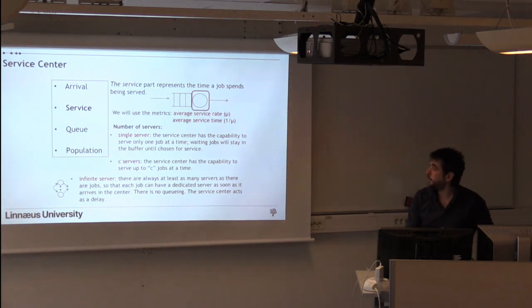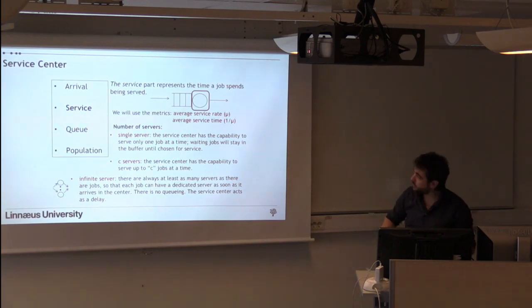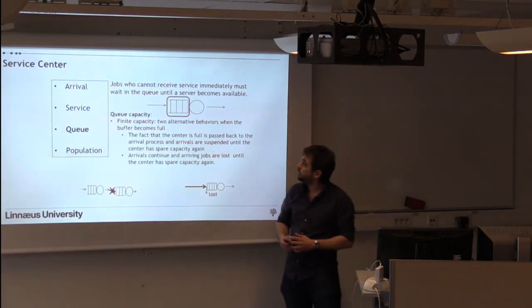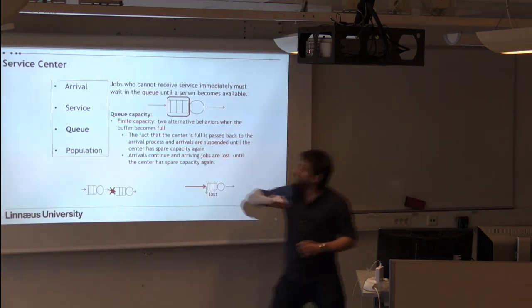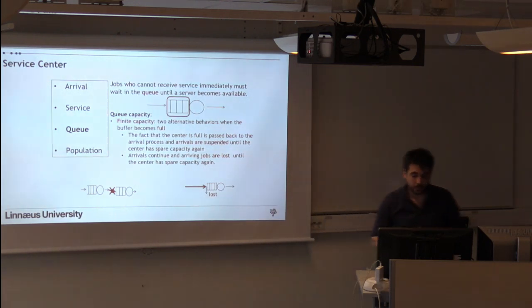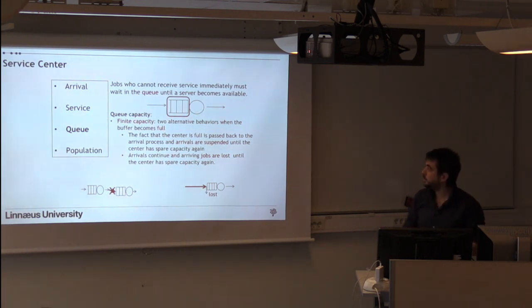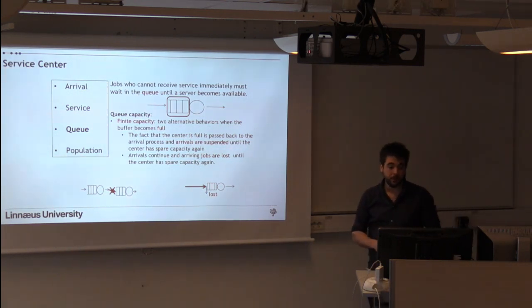The third property that characterizes the service center is the queue. The customers who cannot receive service immediately wait in the queue until the server is available for them. Types of queue: finite queue and infinite queue.